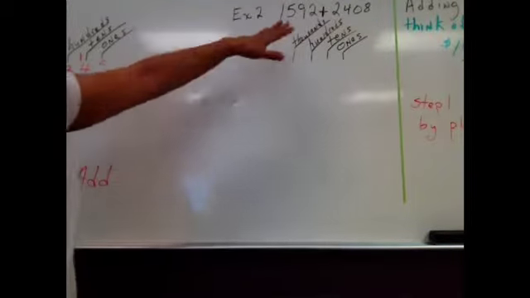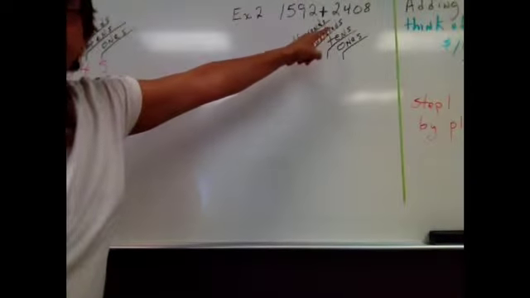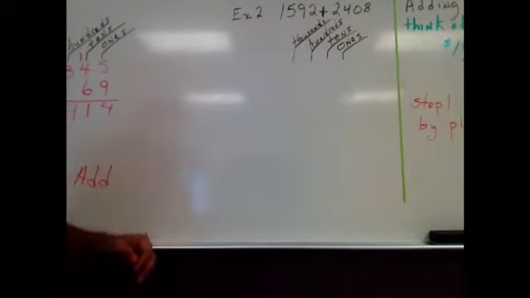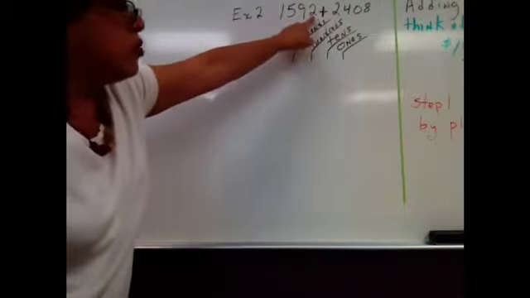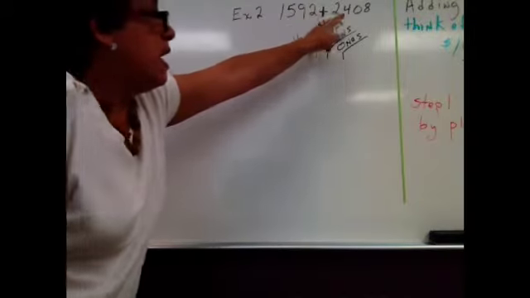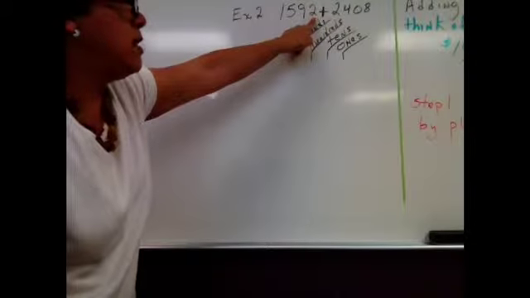Quantities are much bigger. We've got 1,592 plus 2,408. Again, we're going to line up, we're going to take our place value. Here our 2 is in the ones position and our 8 is in the ones position. Okay, so this is ones in the first number.